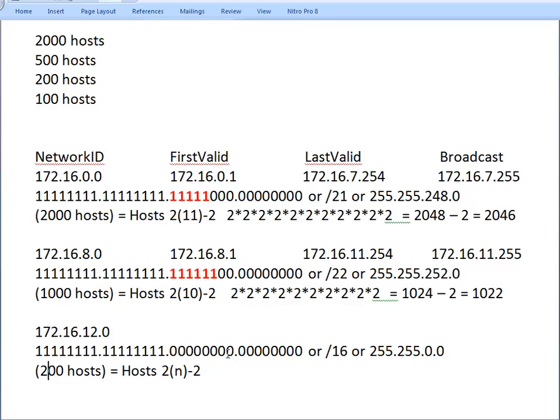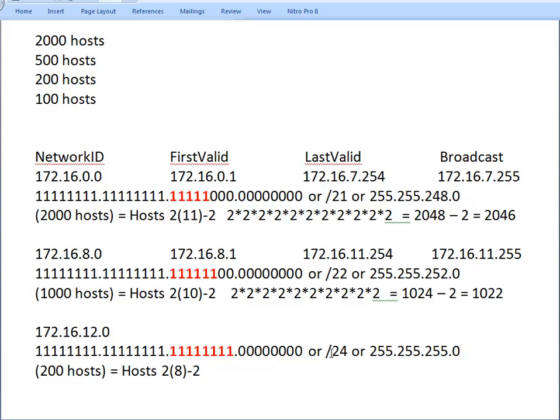So how many zeros are we going to need to reserve for 200 hosts? If we reserve 8 zeros, that will give us 254 after minus 2, that's enough. So 8 zeros here. Since we are reserving 8 zeros, all these will become 1. So 1, 2, 3, 4, 5, 6, 7, 8. I'll write them in red. This will say /24 now, or 255.255.255.0.